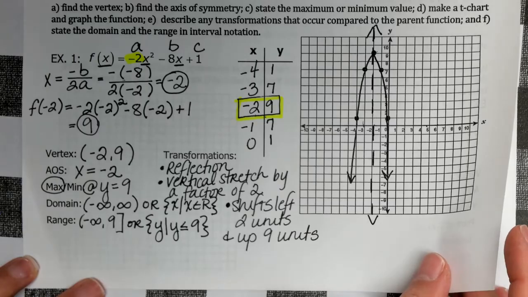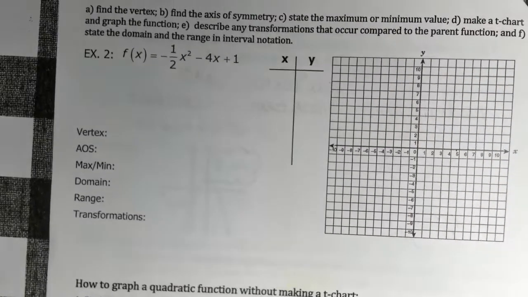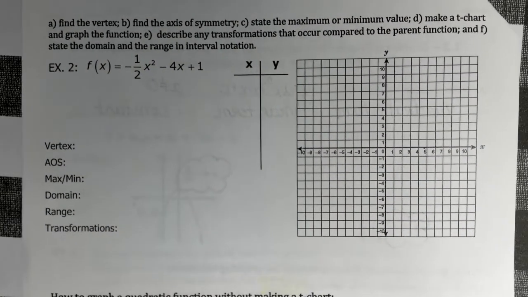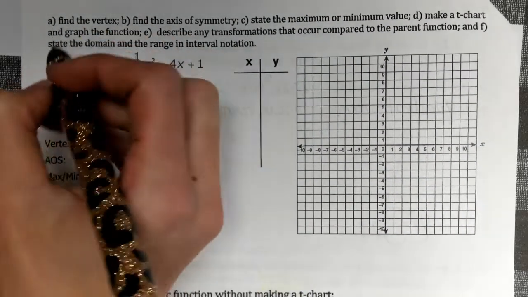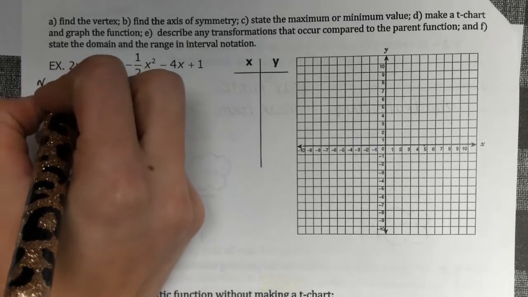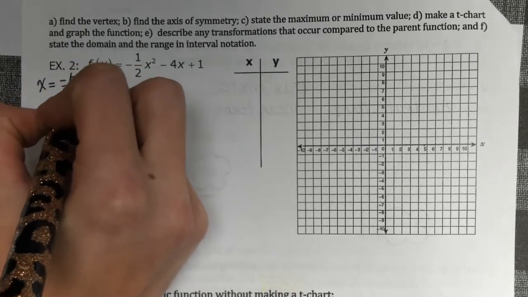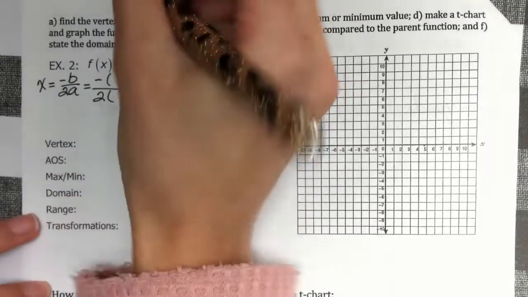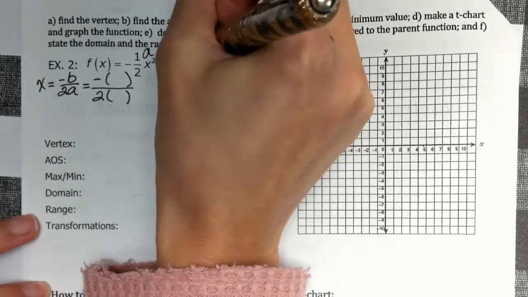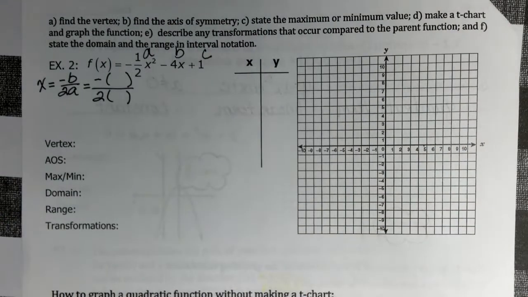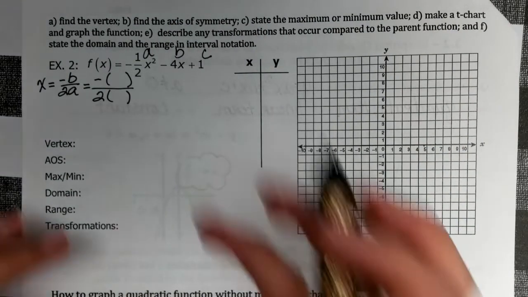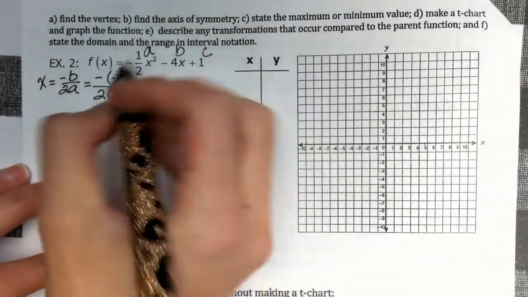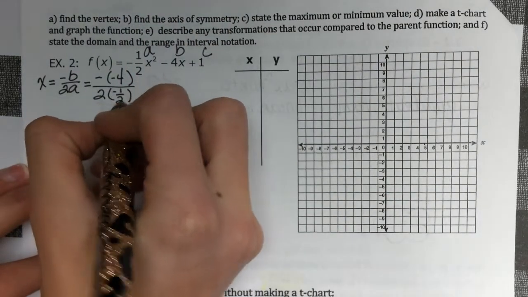You're good with that? Okay. Alright, so we're going to do the same thing. I'm going to start with my x equals -b over 2a. What's my b value that I'm going to plug in? -4, and my a value? -1/2.